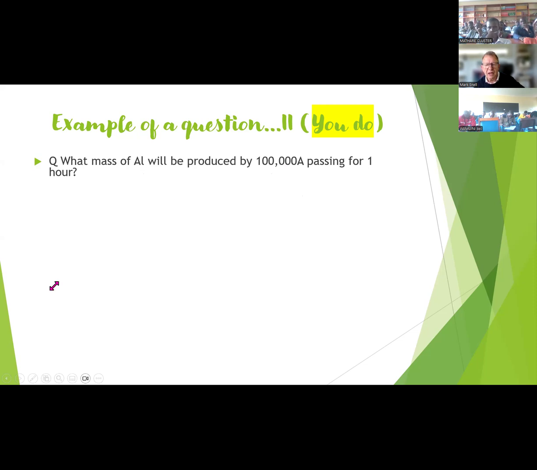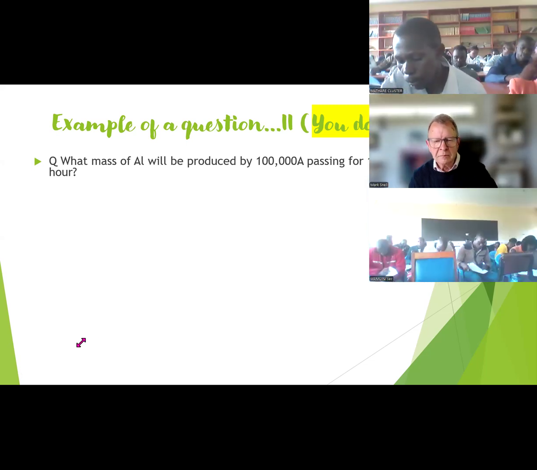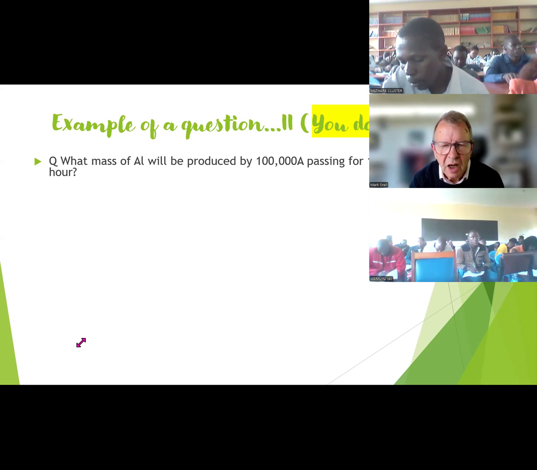Just have a look, think, what would you do? 100,000 amps is a lot of electricity.